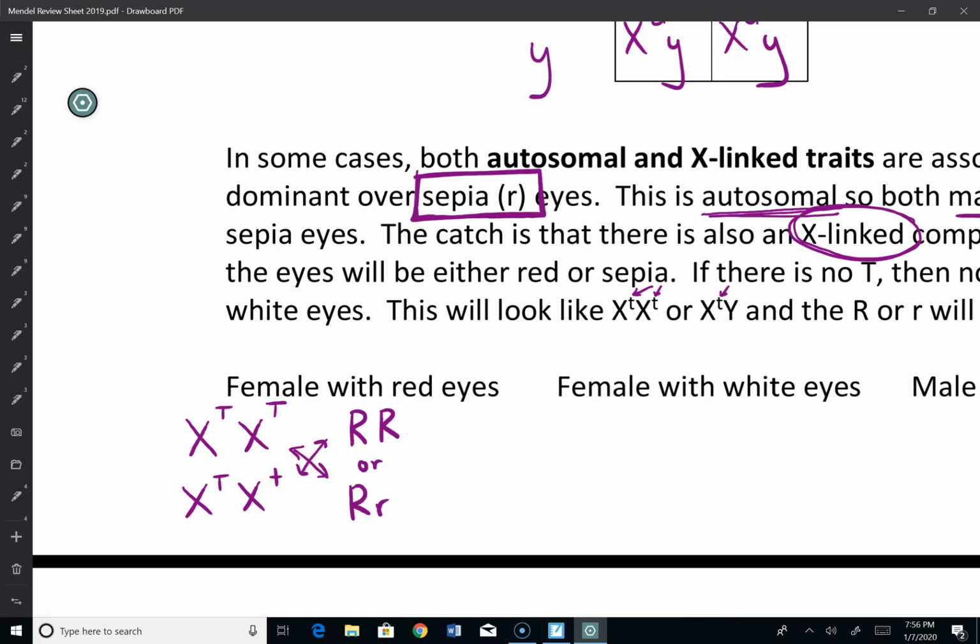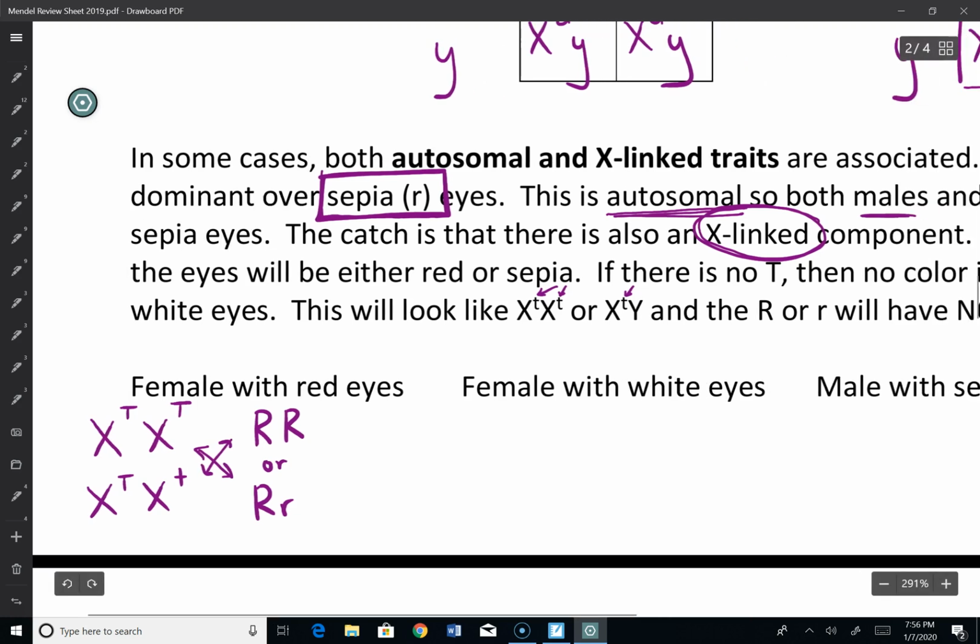Well, in this next example, I have a female with white eyes. Now watch the difference. There's my two X's, but notice I have two lowercase t's. So that wipes out the color of the eyes. So it does not matter if I'm this, or if I'm this.